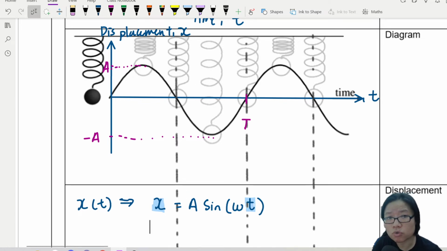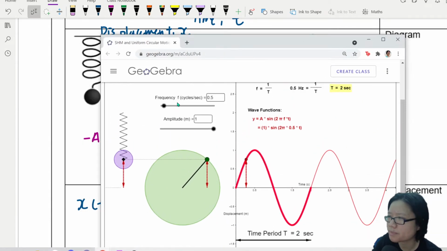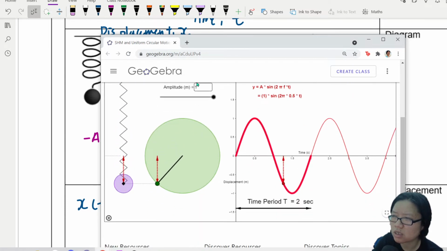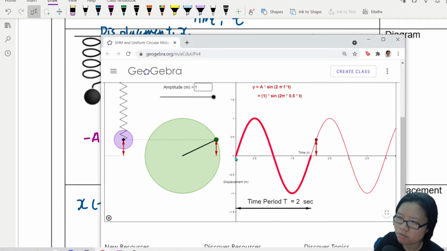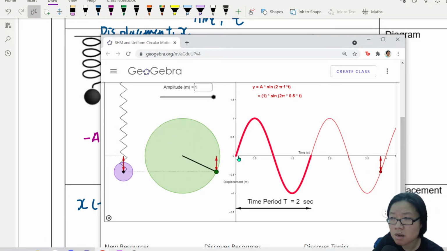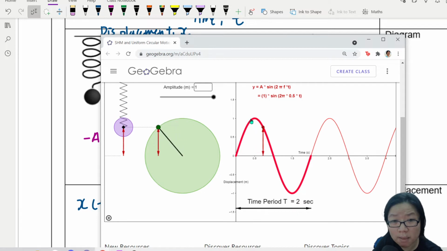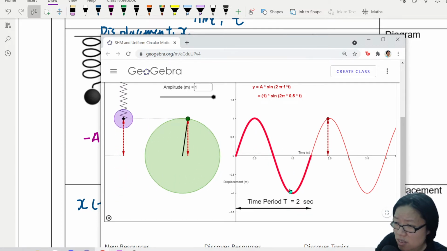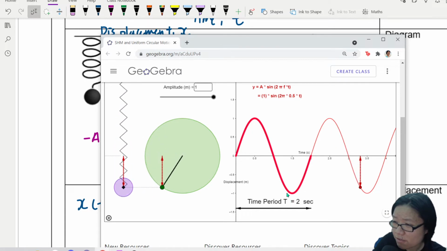Those of you who are a little bit more perceptive may be thinking, teacher, well, sure, we could start with here. This graph starts from 0 because the timing starts from here. But the timing can start from here, or it can be cos. It can also start from here, negative sine, or from here, negative cos.